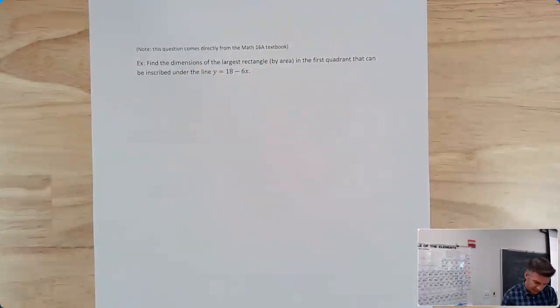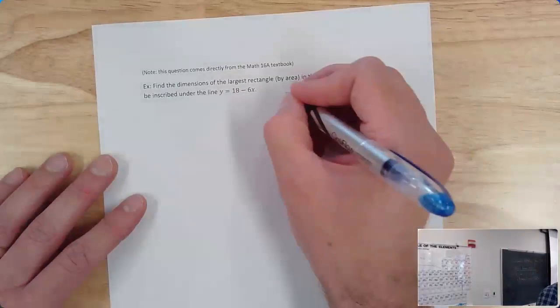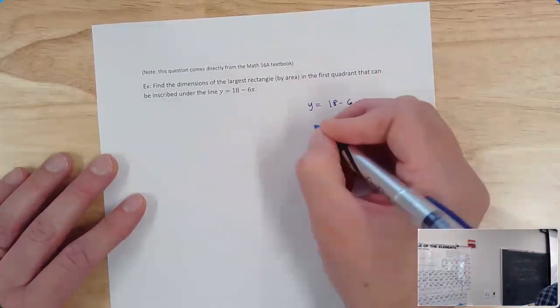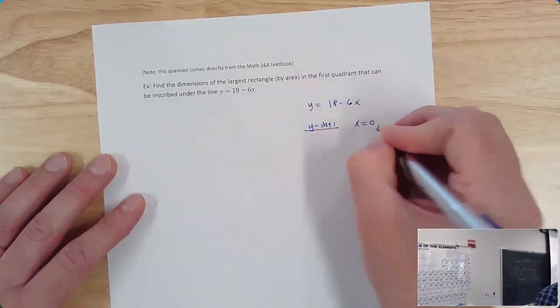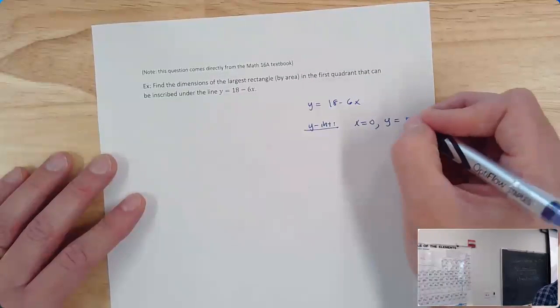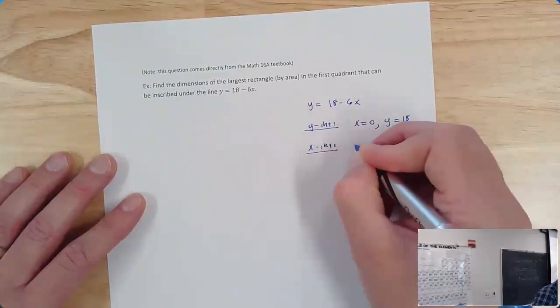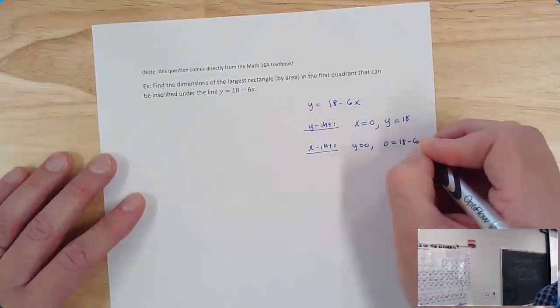So for this line, y equals 18 minus 6x. The y-intercept is going to be, well, if x is 0, y is going to be 18 minus 0. And the x-intercept, if y is 0, I've got 0 equal to 18 minus 6x.